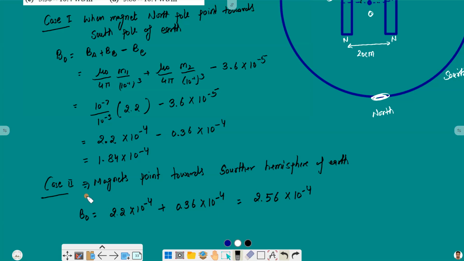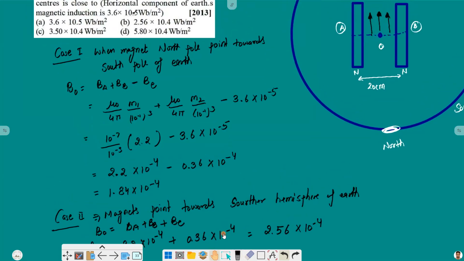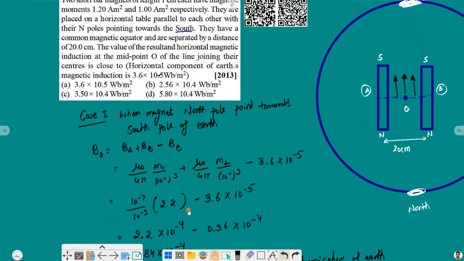And the formula for the magnetic field here will be B_A plus B_B plus the magnetic field due to Earth. And if we now compare this answer 2.56 with the options, that is option B for us. So option B will be the right answer here.